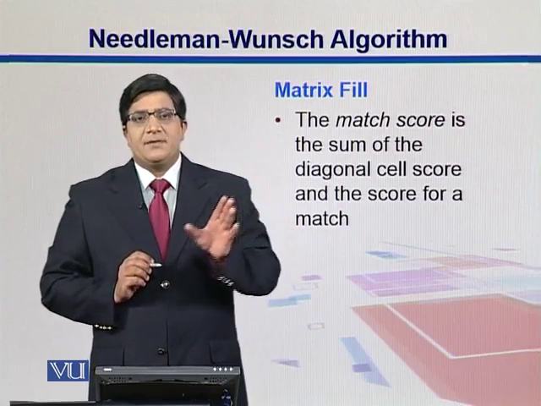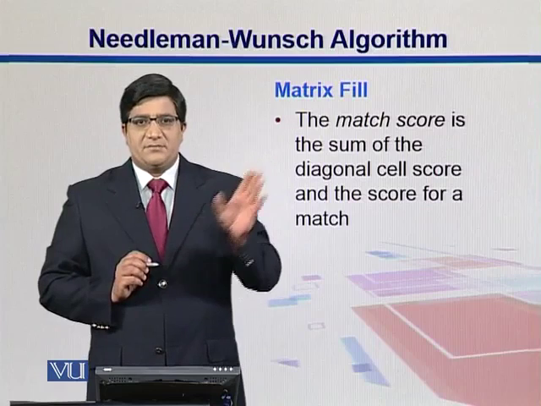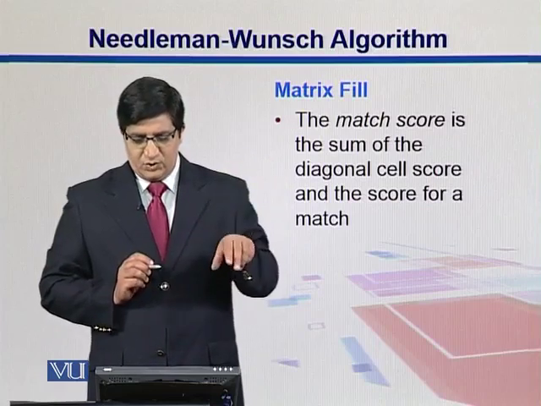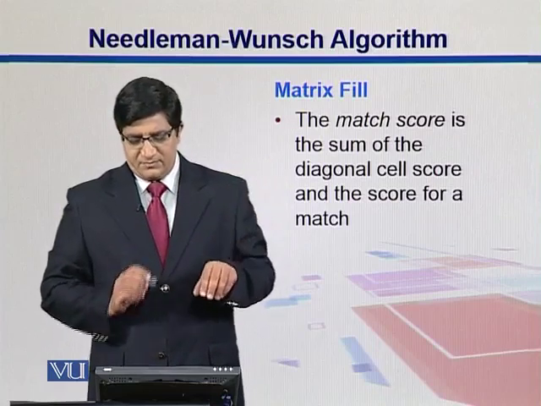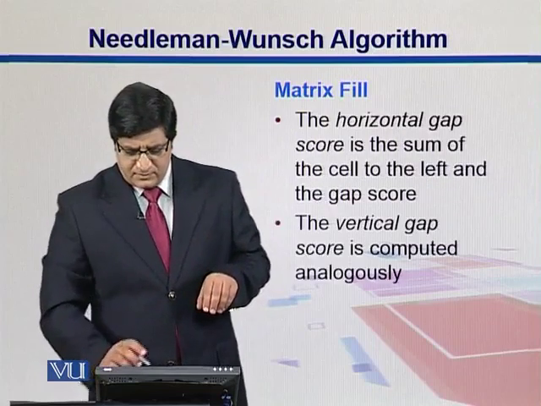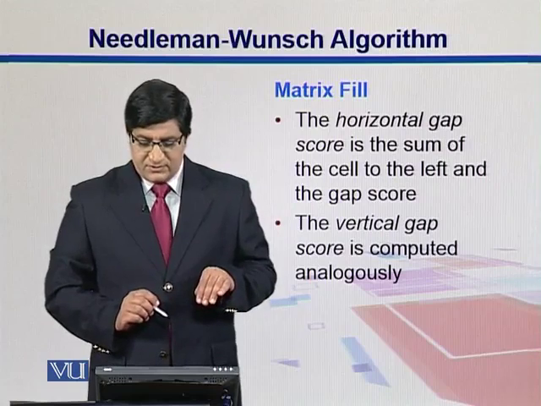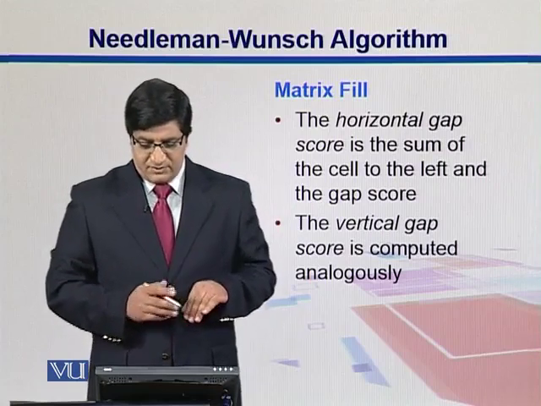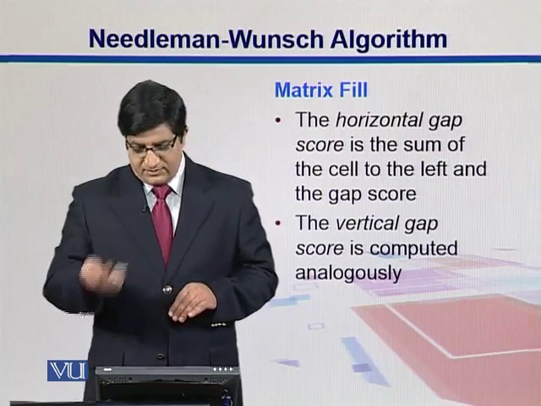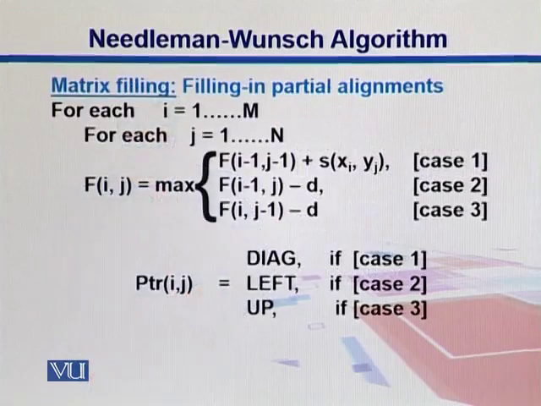That cell which is present in the previous row and column in the shape of that diagonal. We can have a horizontal gap score, that is the sum of the cells to the left and the gap score, and vertical gap score is computed in a similar way. So here are different situations guys. This is our whole algorithm in which we are filling this matrix.